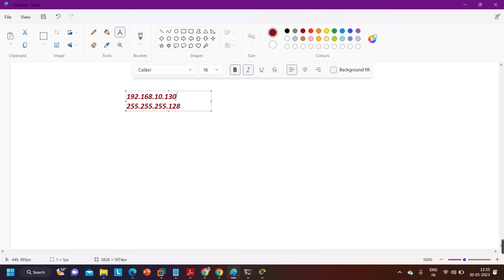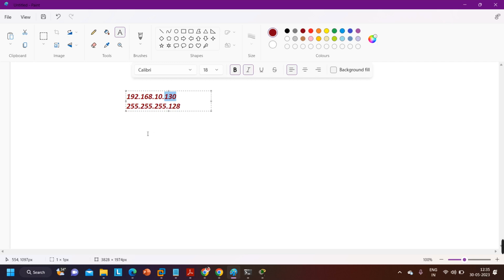First of all, see here all bits are 1. Here also all bits are 1. That means these values will be the same, yes or no?